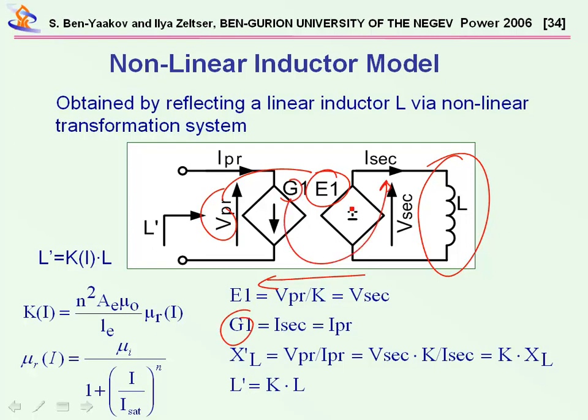And one can show that the inductance that you see at the input terminal will be K times L, where K is the coefficient of this E1 dependent voltage source. Now, making K a function of current will make the reflected inductance a function of current.